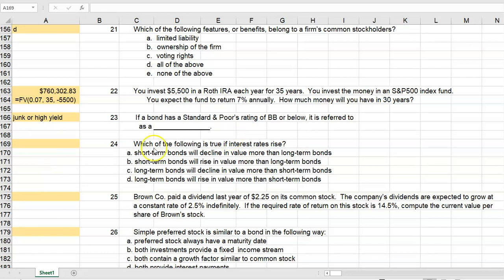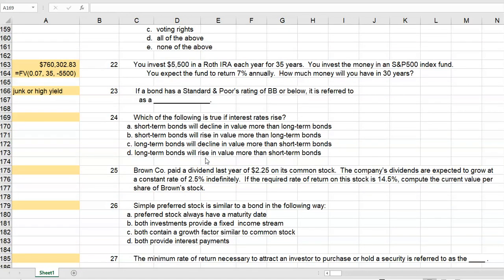All right, which of the following is true if interest rates rise? Short-term bonds will decline in value more than long-term bonds. To think about this one, you need to think about what happens over time.